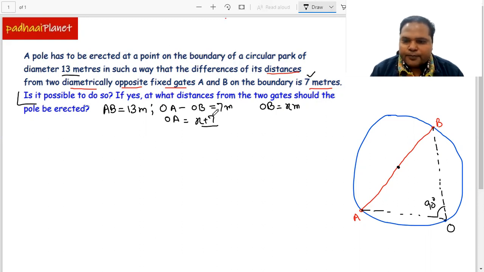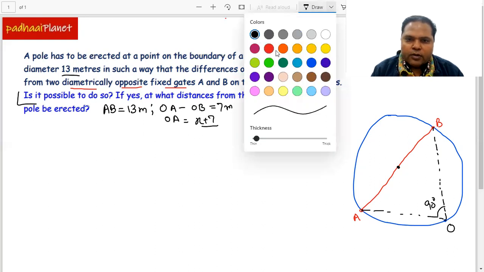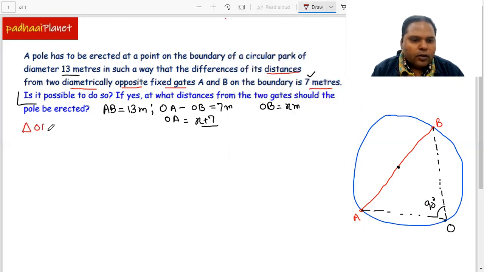So let's do that. Now we already know that triangle OAB is a right angle triangle, right? Because it's 90 degrees here. So triangle OAB is a right angled triangle.